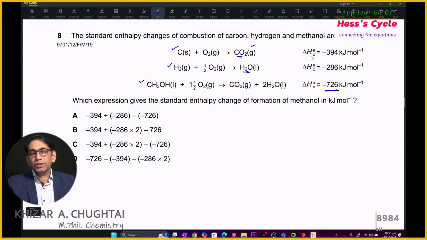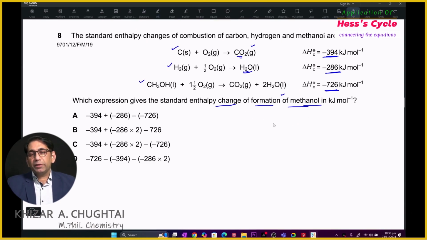So formation of CO2 is -394, formation of water or combustion of hydrogen, both enthalpies are the same, and that is -286. So 3 reactions are given, and we are asked to find the enthalpy change of formation of methanol. First of all, I'm going to write the equation for this reaction.